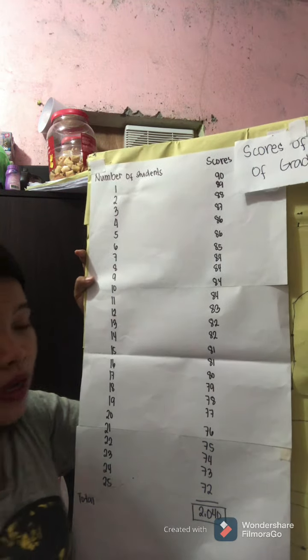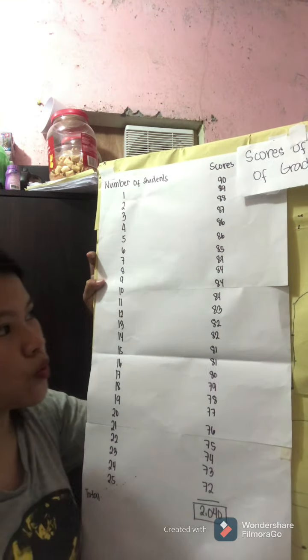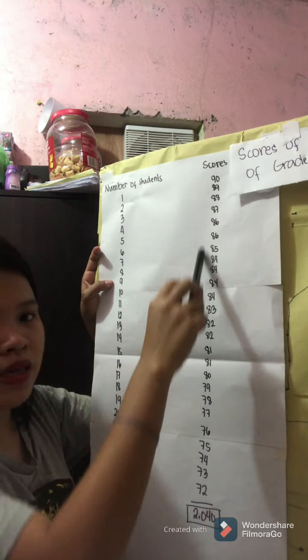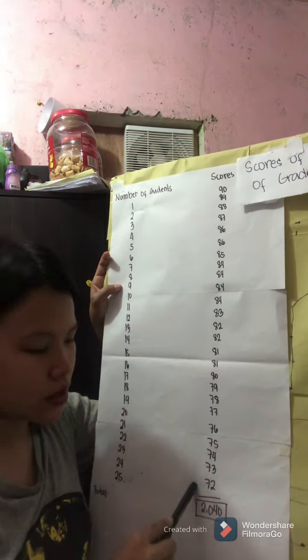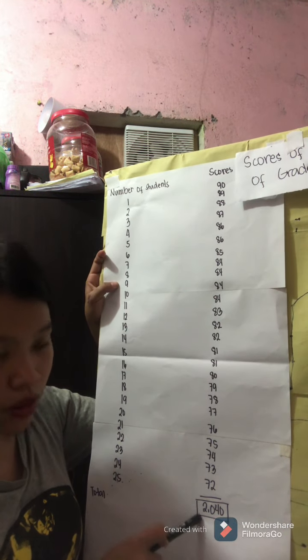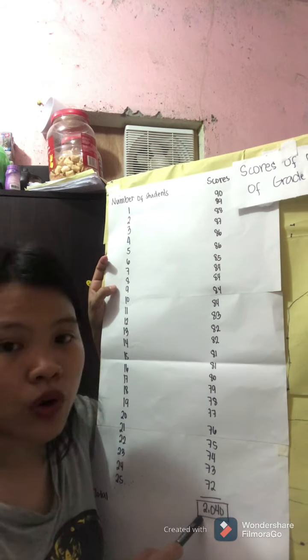So in order to get the mean, let's first add all these scores. We already added these scores with a total of 2040.